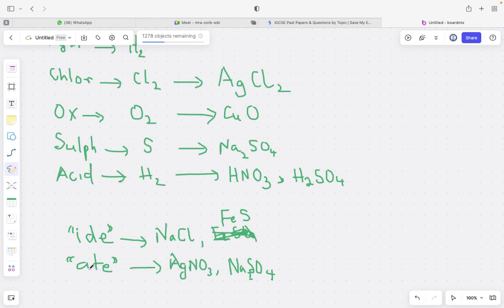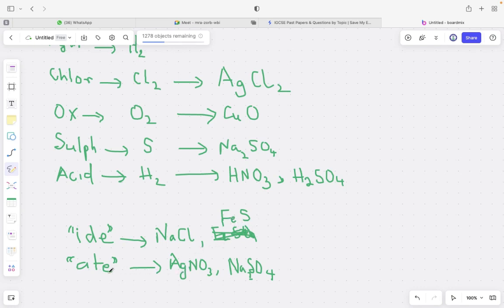So silver nitrate, there's silver, there's nitrogen, there's oxygen. Sodium sulfate, there's sodium, there's sulfur, there's oxygen. So any name that ends with ATE has those two elements plus oxygen together with it. But all the ones that end with IDE only have those two elements found in it. Like sodium chloride is only sodium and chlorine. Iron sulfide is only iron and sulfur.